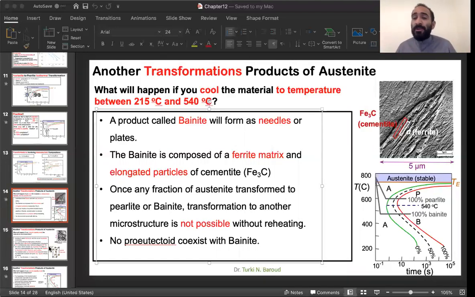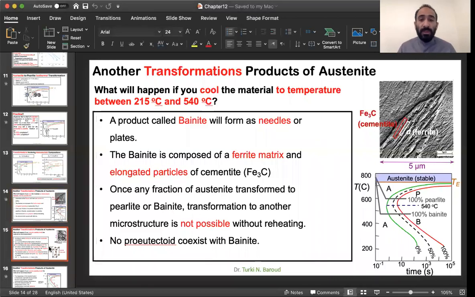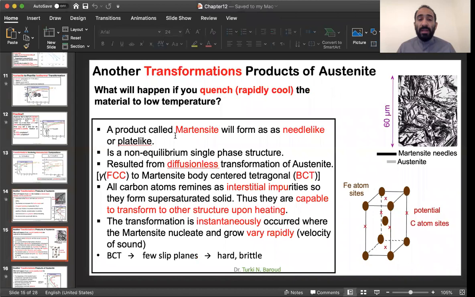So what's going to happen, you're going to form a very interesting microstructure. And that microstructure is called martensite.